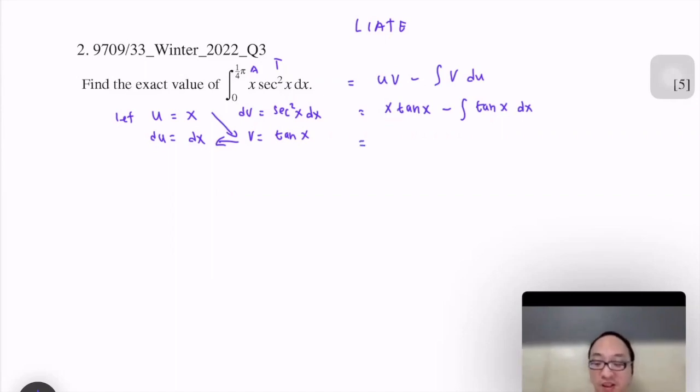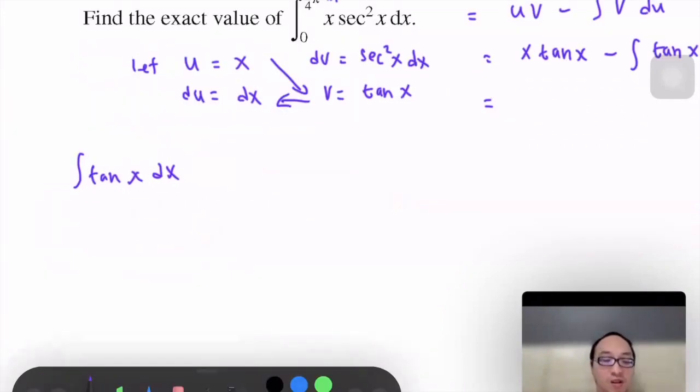Now, what is the integral of tangent x dx? If you look at MF19, you cannot find the integral of tangent x dx there. That's why we have to integrate it ourselves.